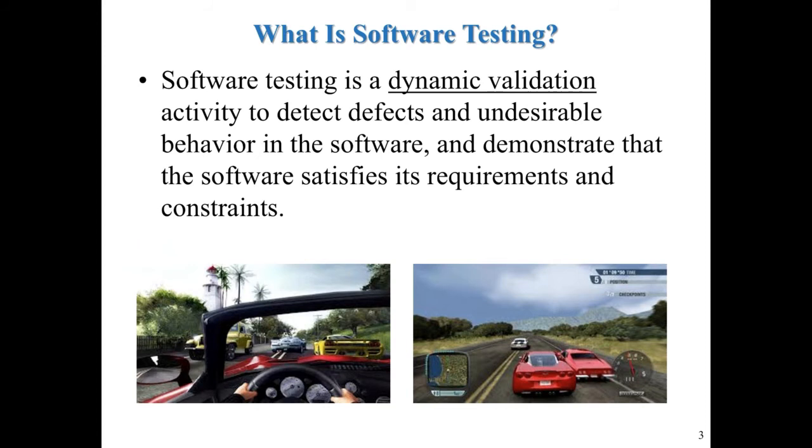In a simulator, you are working as if you are running a car, and they test your driving abilities, or normally in the driving school they test it practically on a real car. That is dynamic validation. Similarly, you run your software and you see how it is behaving.